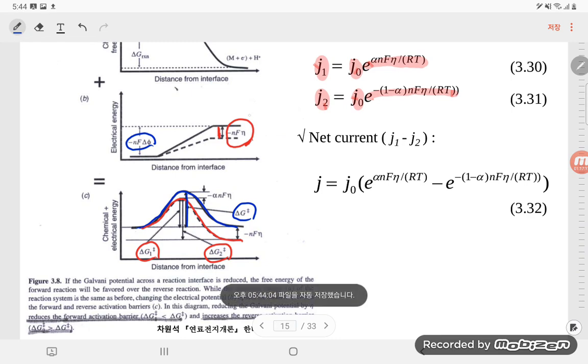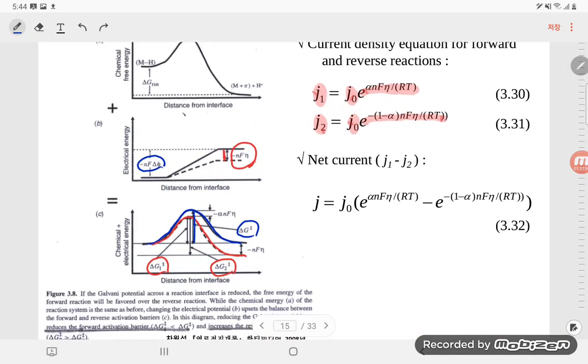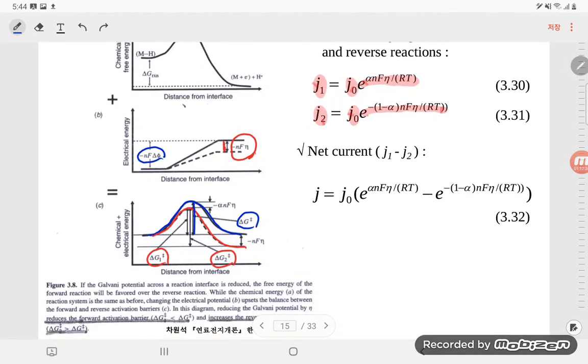So if we sacrifice this value of the voltage, the electrical potential, then we can break the equilibrium state, and we accelerate the forward direction over the reverse direction. So if the galvanic potential across a reaction interface is reduced, the free energy of the forward reaction will be favored.